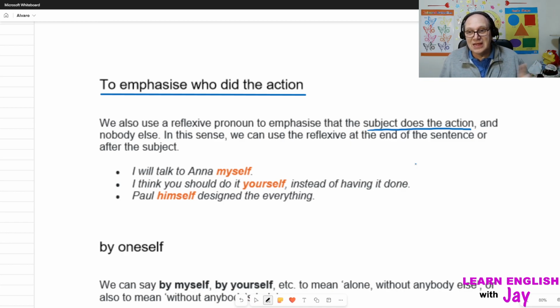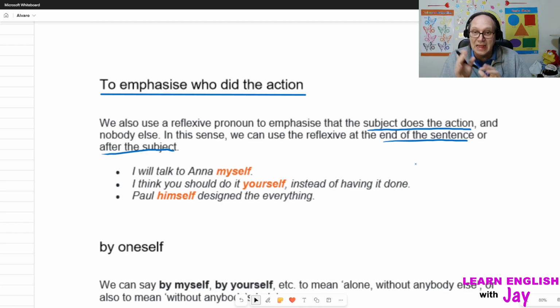You can use the reflexive pronoun at the end of the sentence. You can use it after the subject. It doesn't really matter. I will talk to Anna myself. That's at the end of the sentence. I think you should do it yourself.